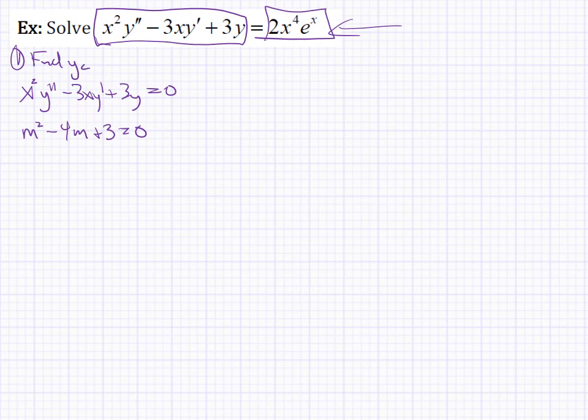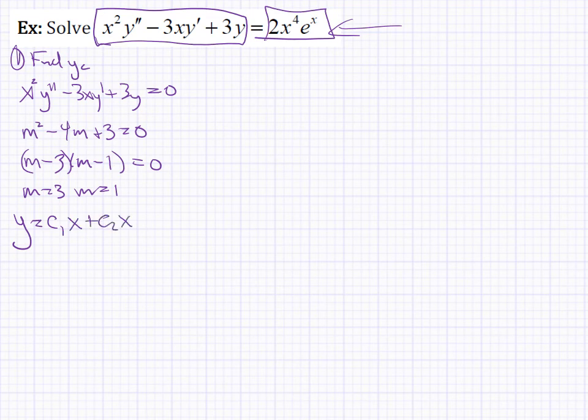That's going to then give us m minus 3, m minus 1, so m equals 3 and m equals 1. So our solution to the homogeneous equation is going to be C1 x to the first plus C2 x to the third. All right, so that's y sub c.